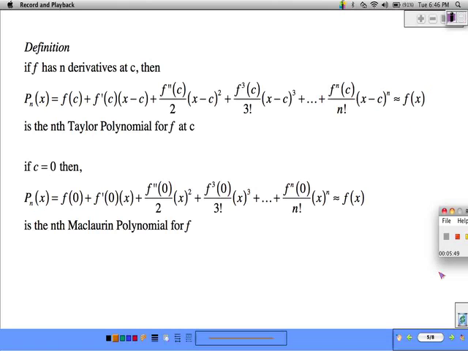A definition here for a Taylor polynomial and a Maclaurin polynomial. One at a time.